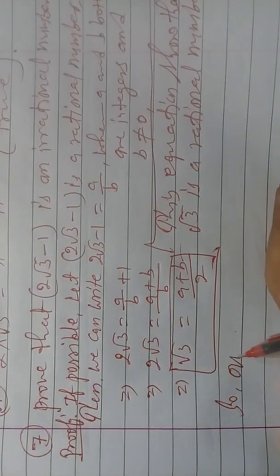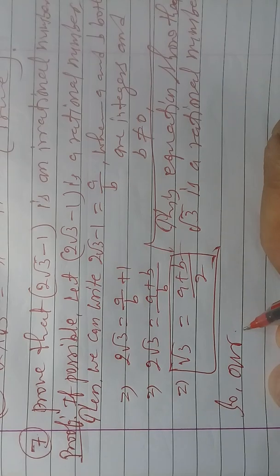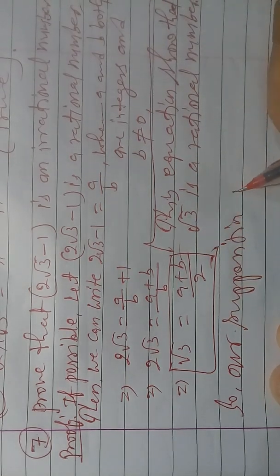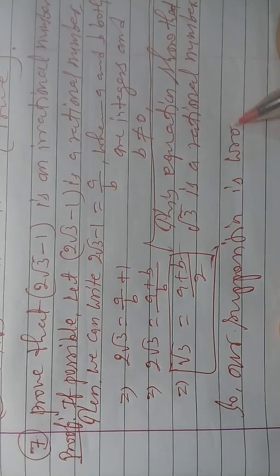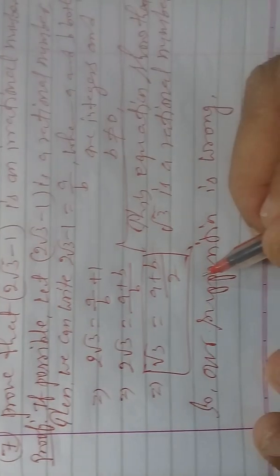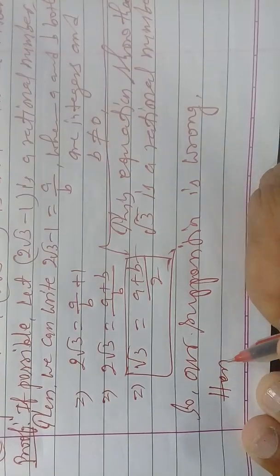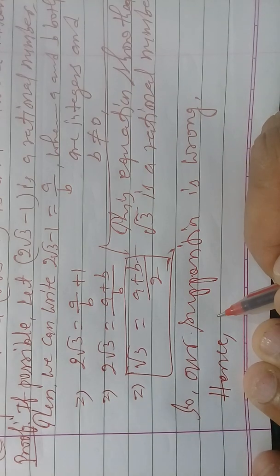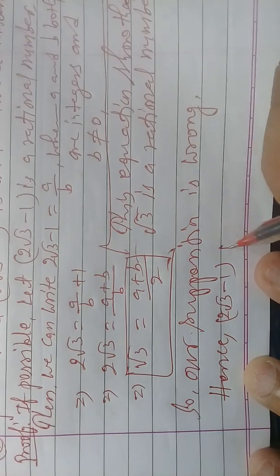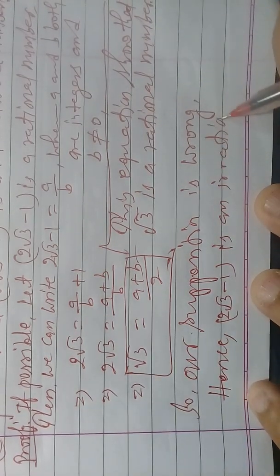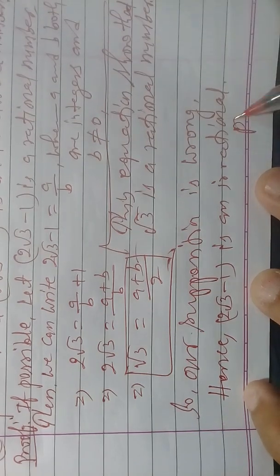So our supposition is wrong. Hence 2 root 3 minus 1 is an irrational number. Proved.